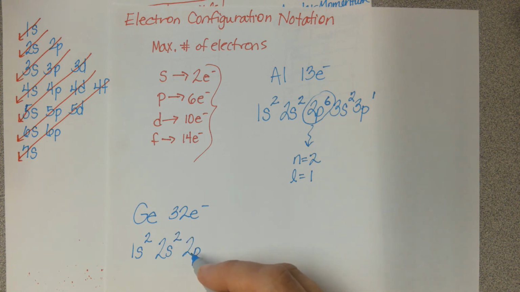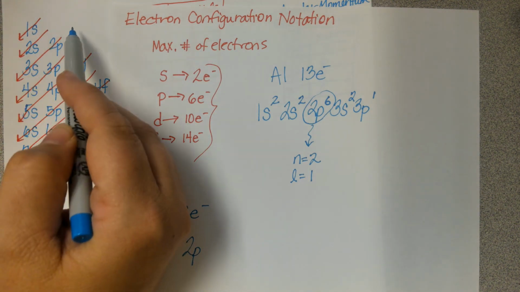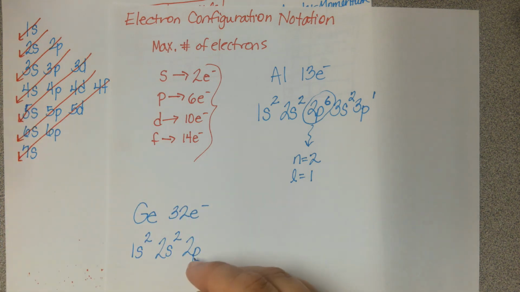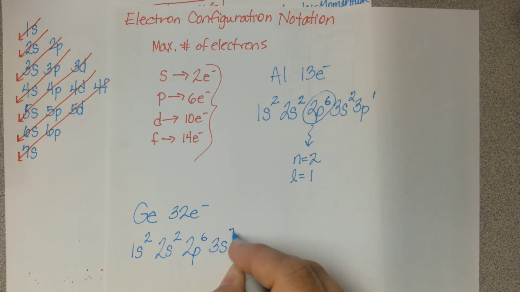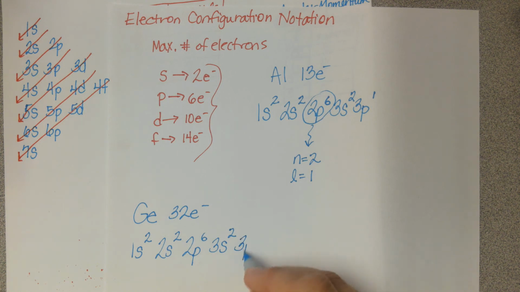Then 2p. How do I know I go to 2p next? Because I'm following the order as I go along these diagonal lines. And so 2p with its 3 orbitals can have 6 electrons. Then 3s. S can hold 2 electrons. Then 3p can hold 6 electrons.